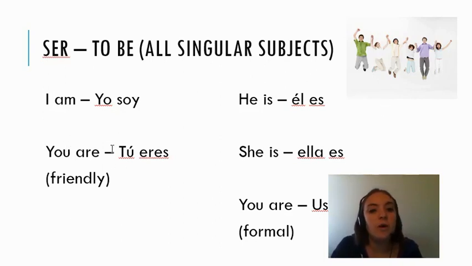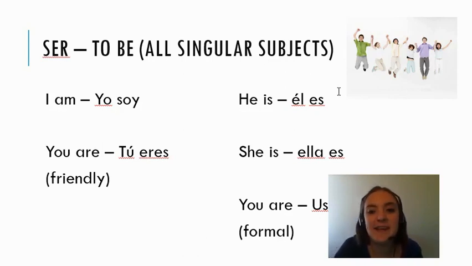Then you've got you and are. Remember, tú is you, and eres is how you say are when you put it with the word tú. So if I wanted to say, oh, you're so smart, I would say, tú eres inteligente. On the right-hand side, I want you to notice that all of these words have S next to them. So S can be used to say is, or it can be used to say are, depending on who's doing the action.